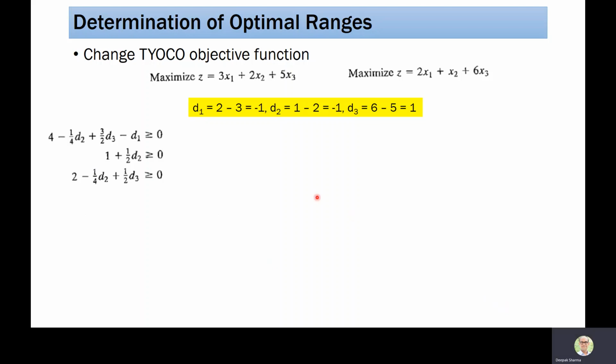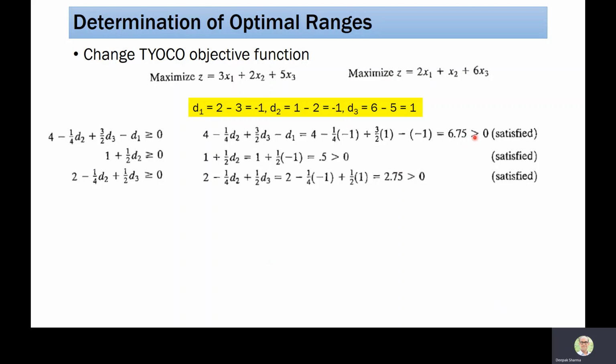Now let us make the changes. Here we have the objective function. This original objective function is changed to another form. Looking at these two objective functions, we can find D1 is 2 minus 3, which is minus 1. Similarly, D2 and D3. I can put these values in and find that the first equation gives 6.75, greater than 0, yes.